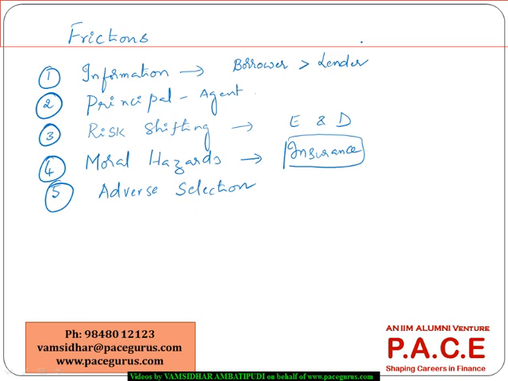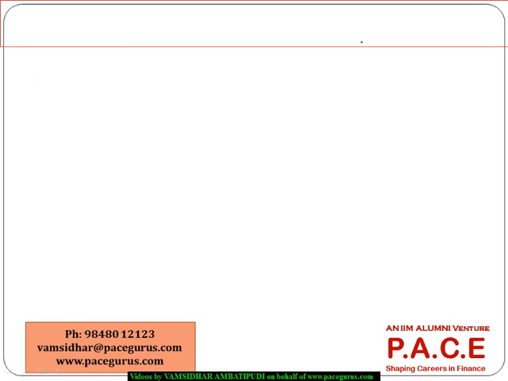Now let's try to understand the dimension of default. When we talk about default, we talk about a distressed exchange as well as an impairment.